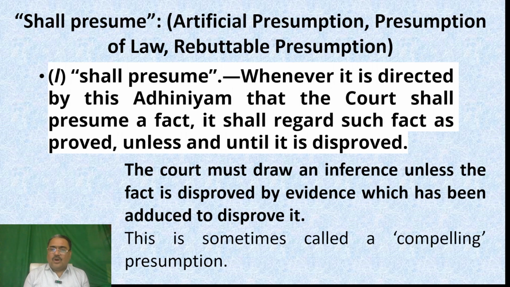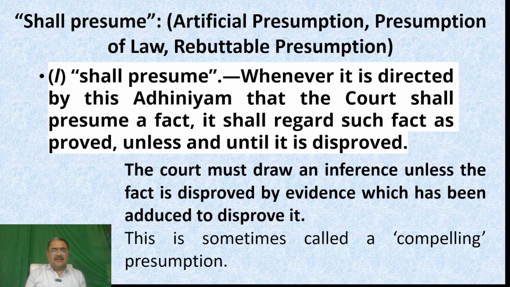So why do we call it compelling presumptions or artificial presumptions? Because there might be some circumstances where naturally we may not draw that inference. But the law says artificially that no, you have no other option, you shall regard such fact as proved unless it is disproved.